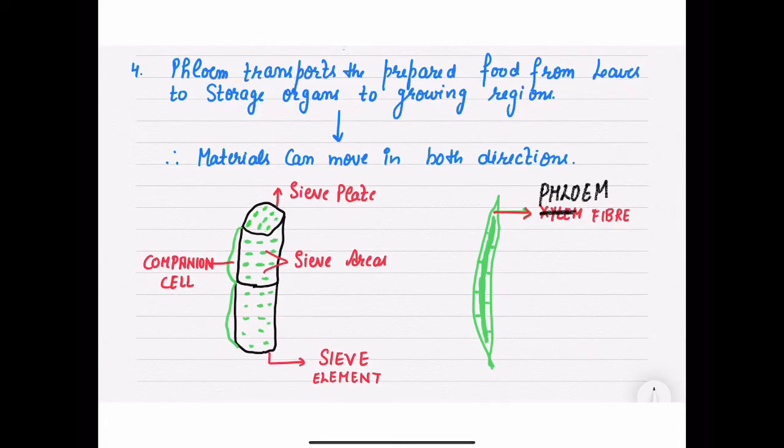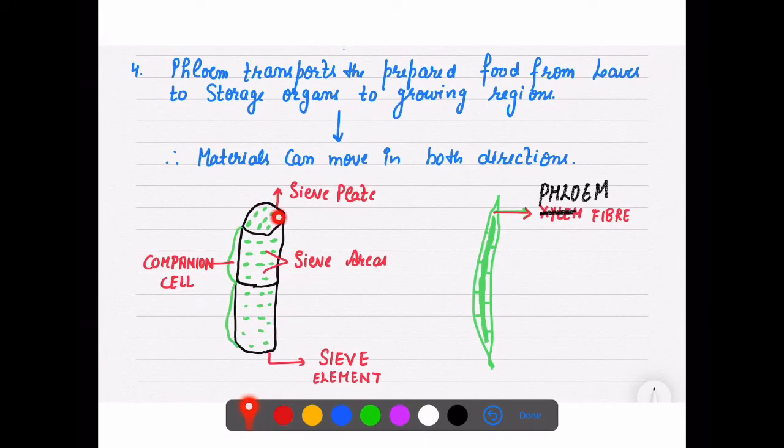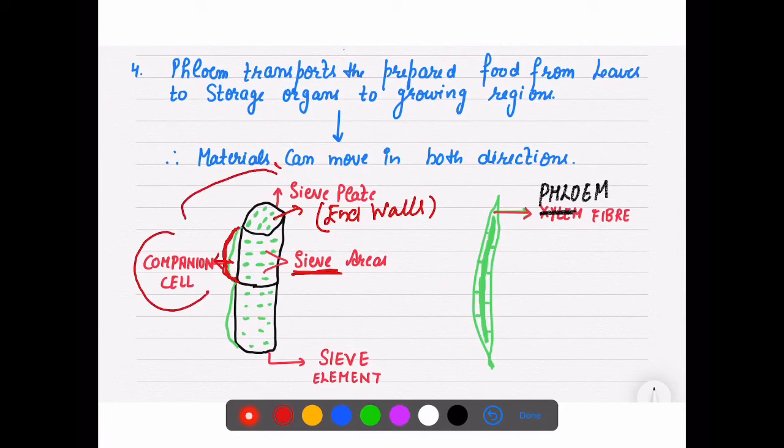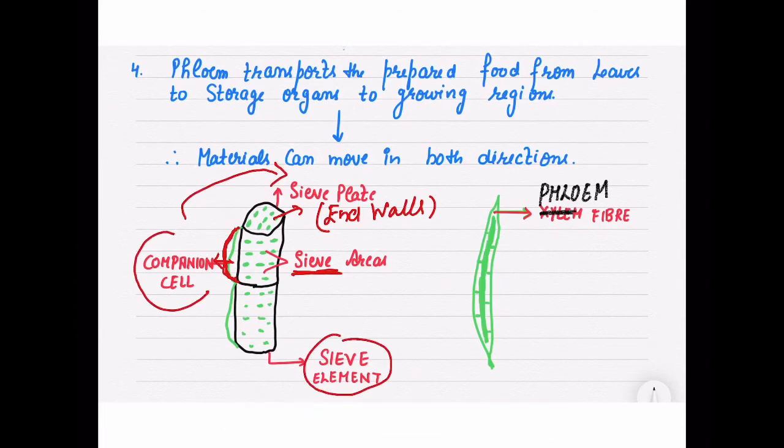As you can see, if you look at the structure of phloem, these are our sieve plates, the end walls of sieve tubes, and they have pores, and these pores ultimately play the main role. And these again are sieve areas. Now the helper cells in phloem are the companion cells, which help these sieve tubes or sieve elements.